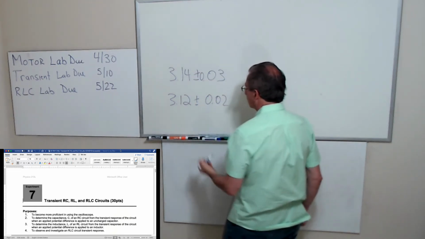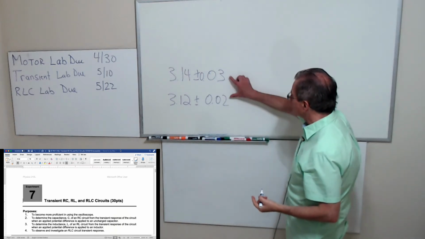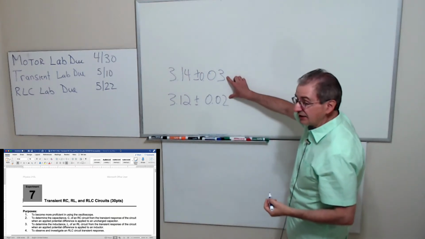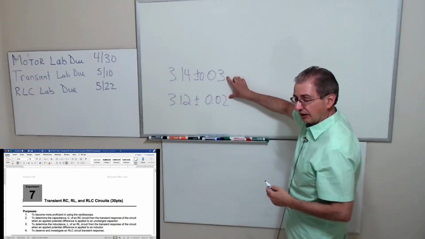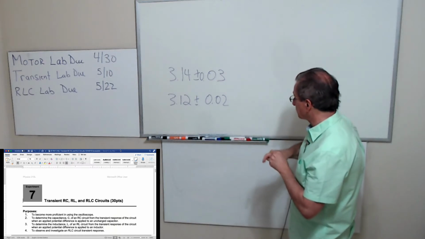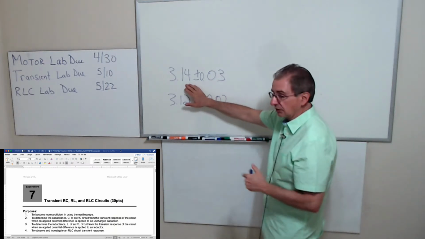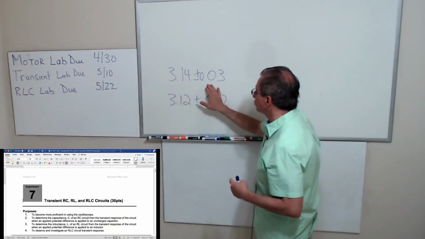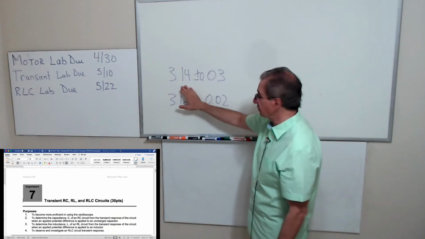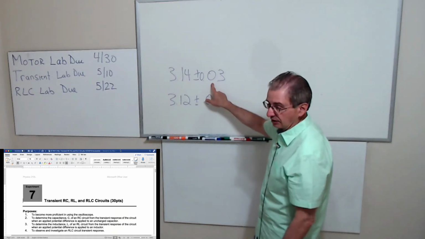And the question is, do these two values agree? What you do is you look at whether these two ranges overlap. I think a lot of people still don't understand that when you make a measurement, you don't measure one number, but you measure a range of values because you have to take into account your uncertainty.